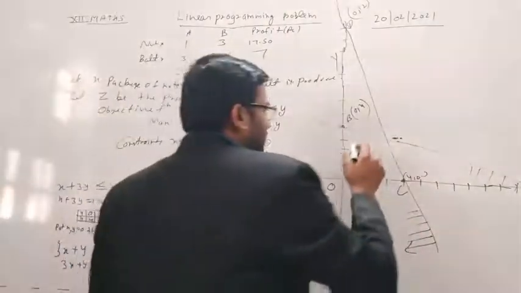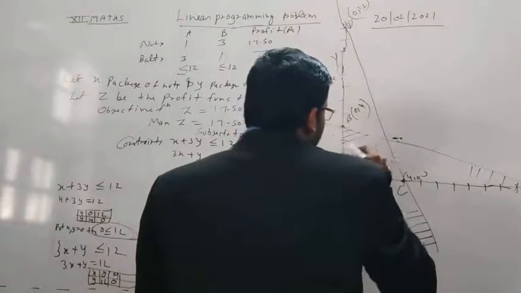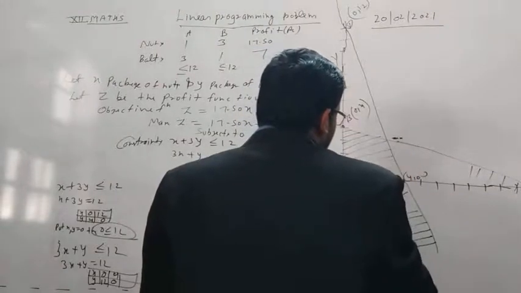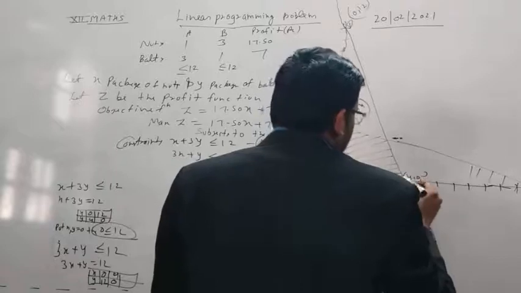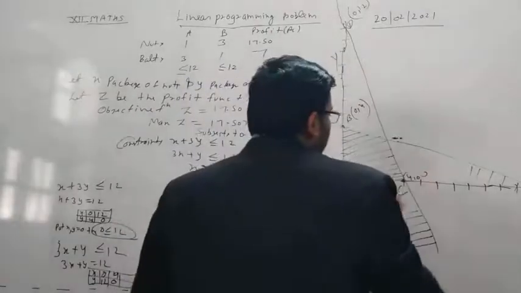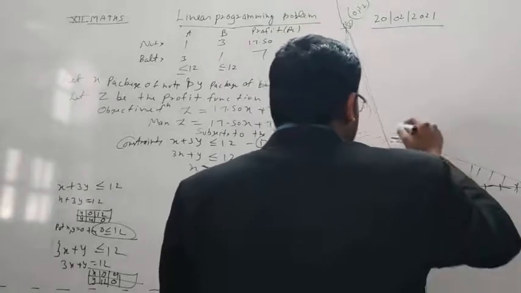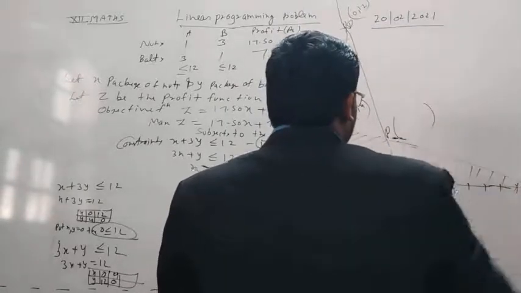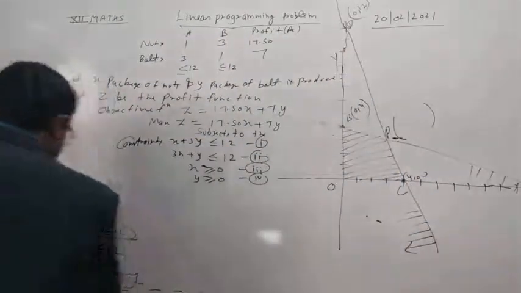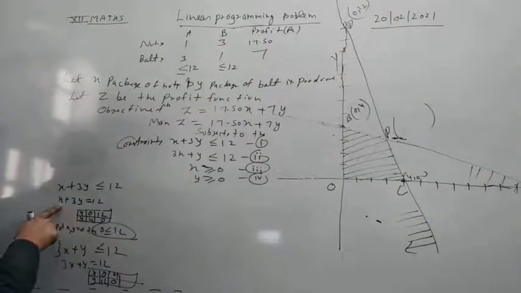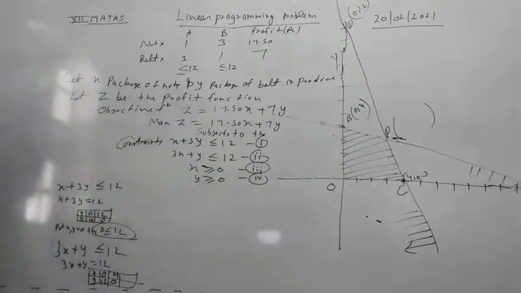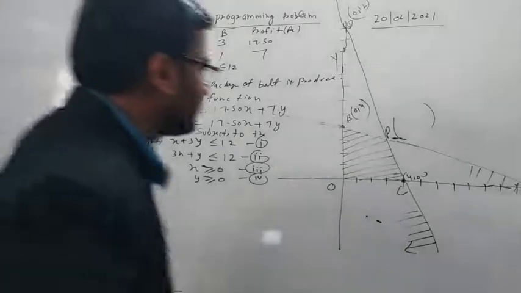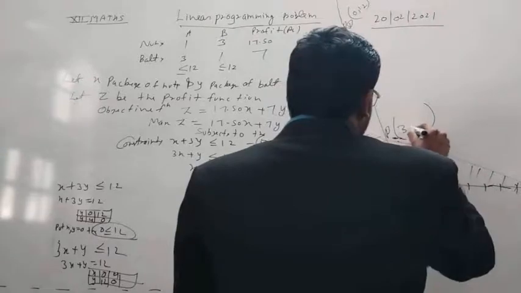Okay. So students, we are seeing that this region is our bounded region, and this is called our feasible region, and these two lines intersect at the point P. The intersection of these two lines, students, is 3 and 3.